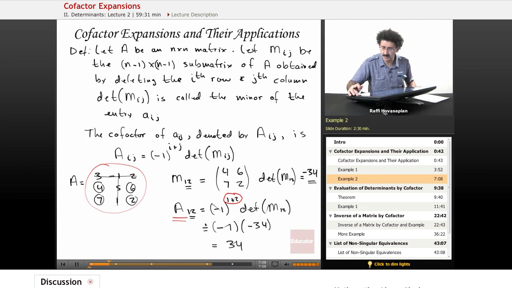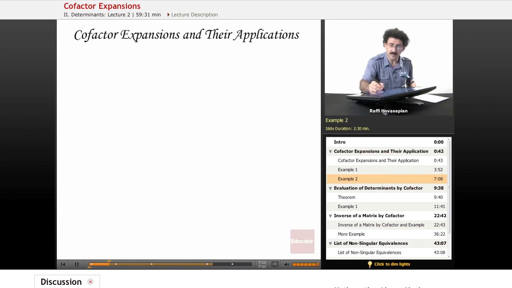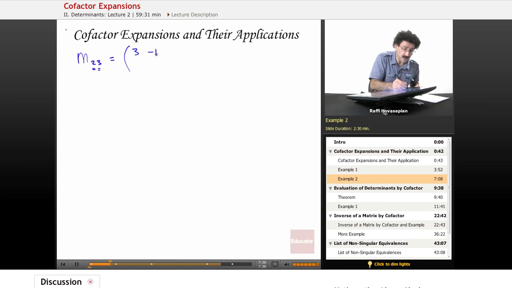Let's do another example. This time let's calculate the M23 minor. When we go back to our original matrix and knock out the second row and third column, we end up with another 2 by 2, which is 3, negative 1, 7, and 1.